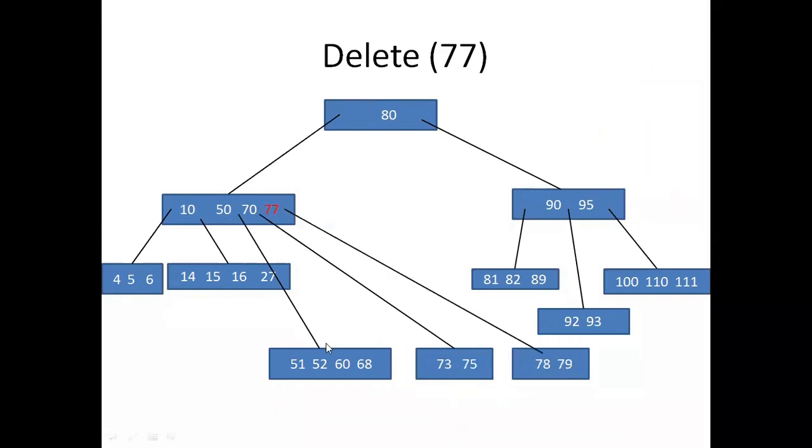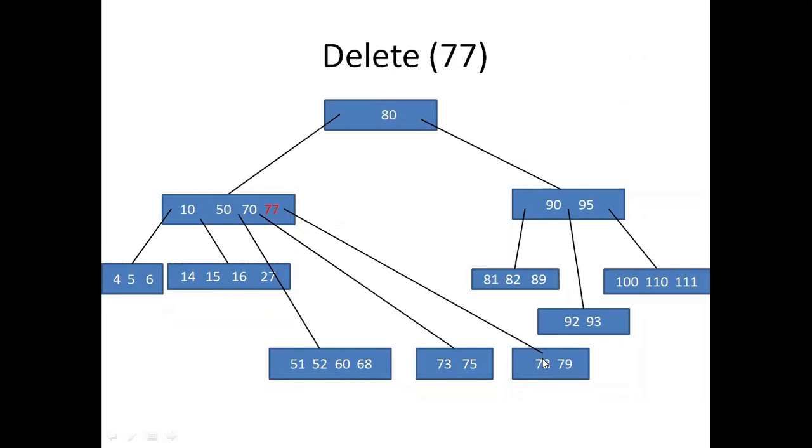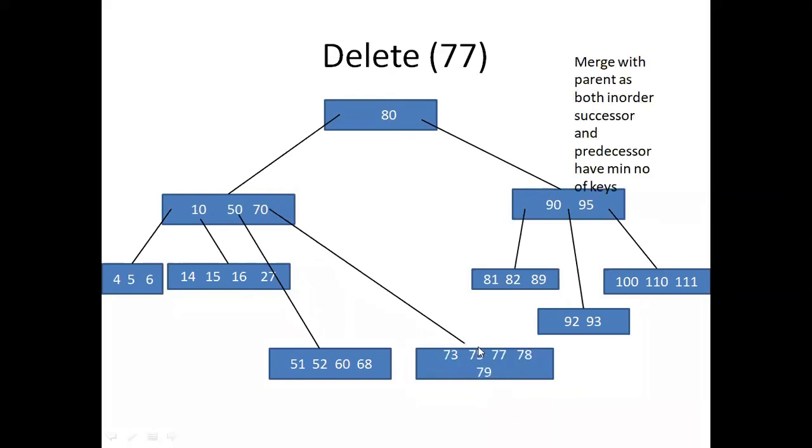So these two nodes will be merged. 77 will be removed from this and there will be only one link for the single node resulting from merging of these two nodes. So this is the final result.